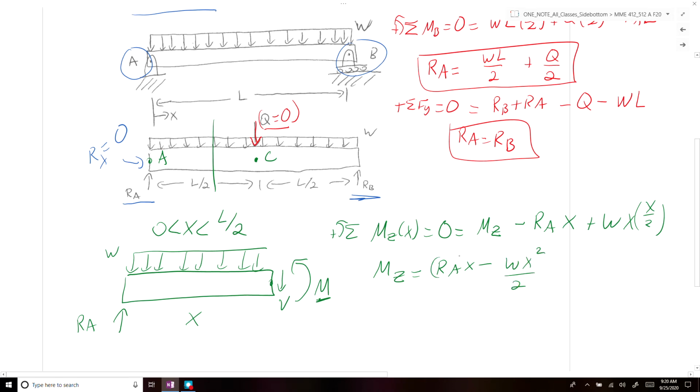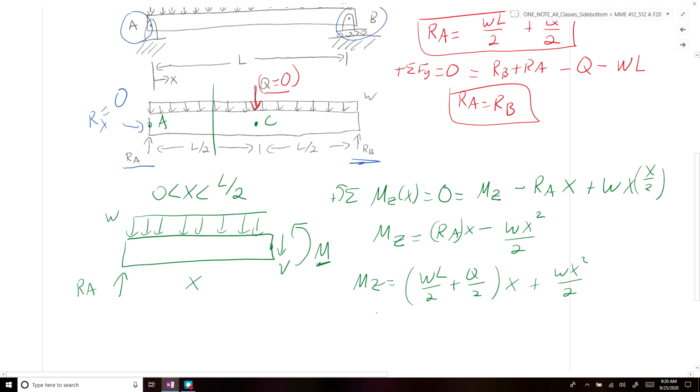We're going to plug in the value for RA into this equation, so M of Z is going to equal WL over 2 plus Q over 2 times x minus W x squared over 2.